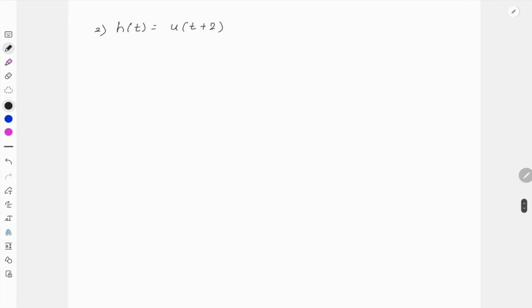Now we need to classify this system. First is static and dynamic. For a static system, again we have the condition that the impulse response should be represented as c into delta t.